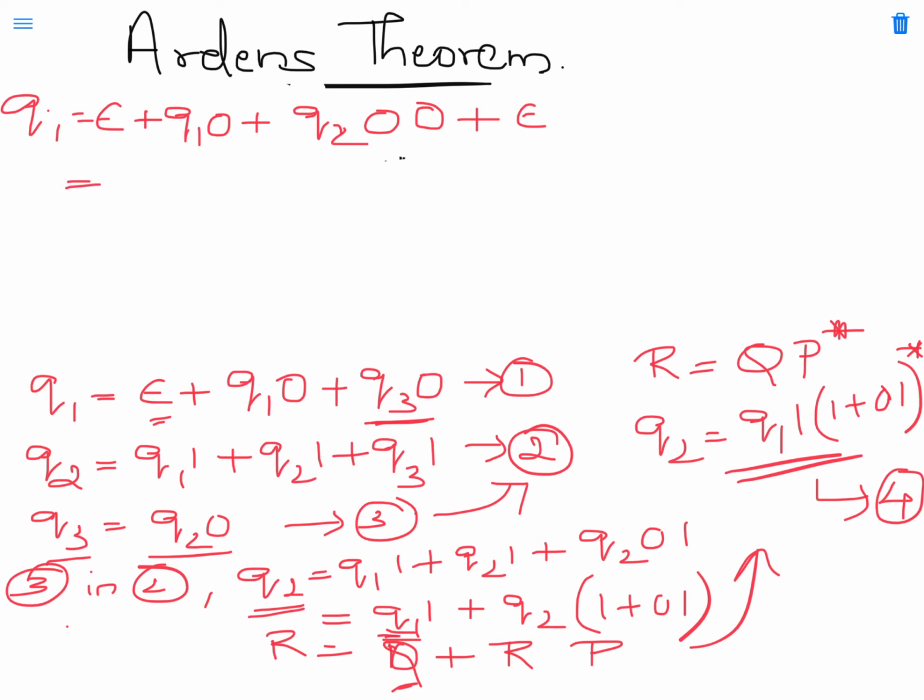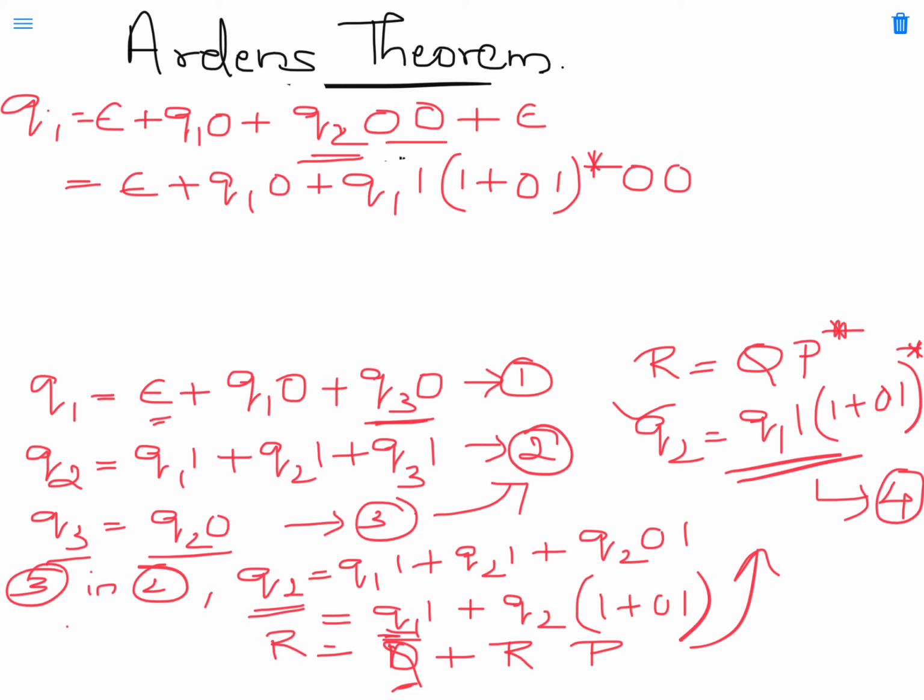Now what is the value of Q2 that you have obtained here? So epsilon plus Q1 0 plus Q1 1, 1 plus 0 1 the whole star, and this 0 0 you have to put over here, plus epsilon.